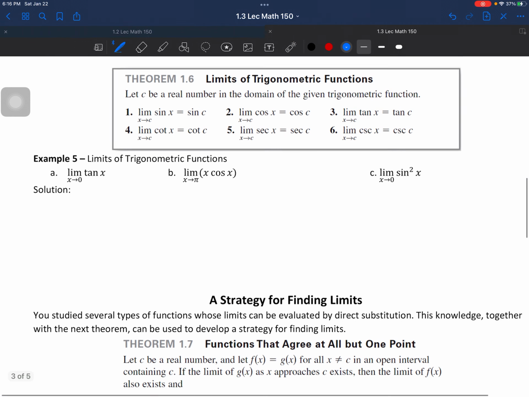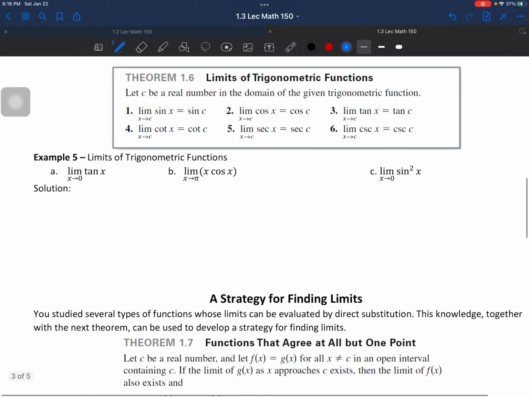So here's another example where we can apply direct substitution, and these are the trigonometric functions such as sine, cosine, tangent, cotangent, secant, and cosecant. So here we go. First one, let's apply the limit of the tangent of x as x goes to 0.